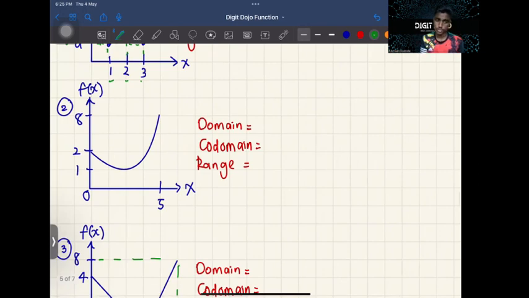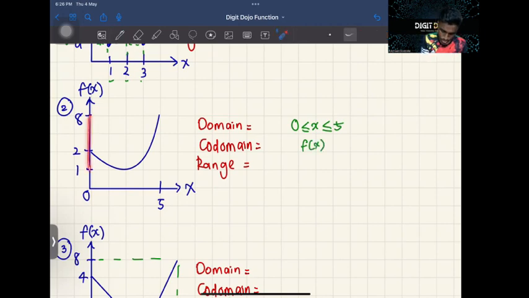This is a continuous function. For a continuous function, the domain and codomain we have to write in a range form. So here we know the domain is from 0 to 5. So x will be more than or equal to 0, less than or equal to 5. And for codomain, f(x) will be, check out this one.